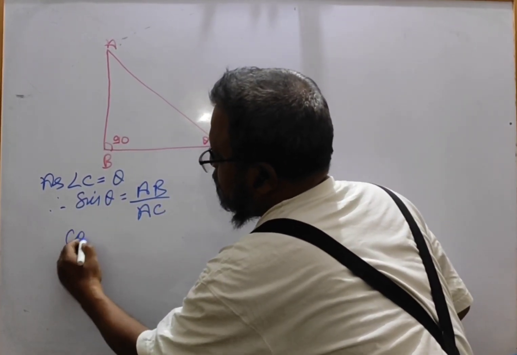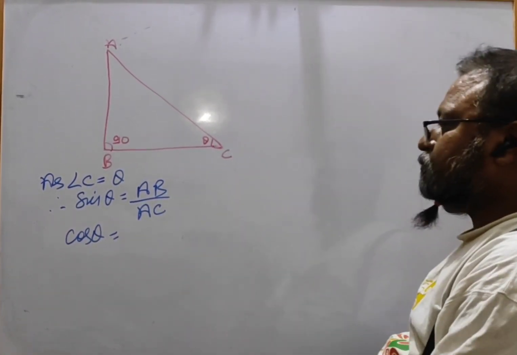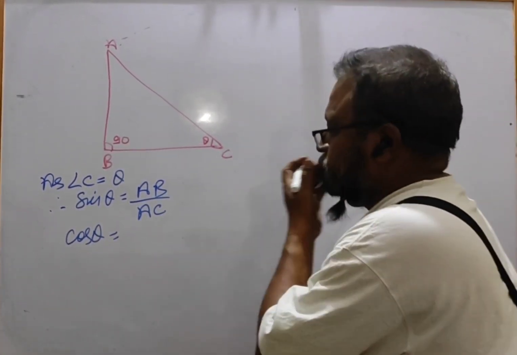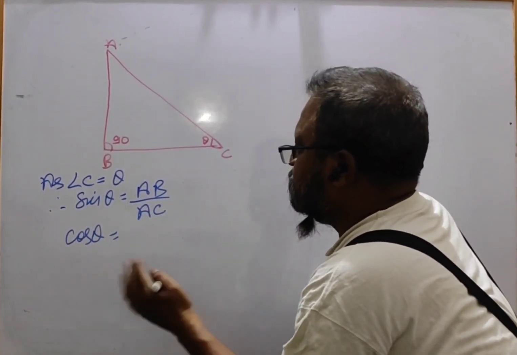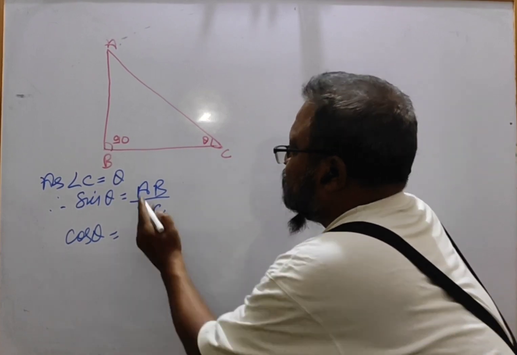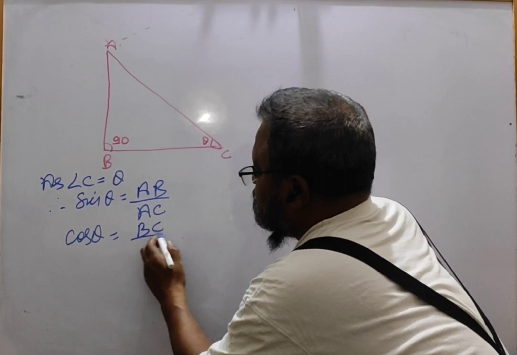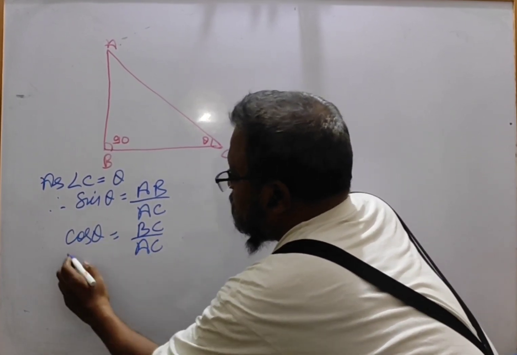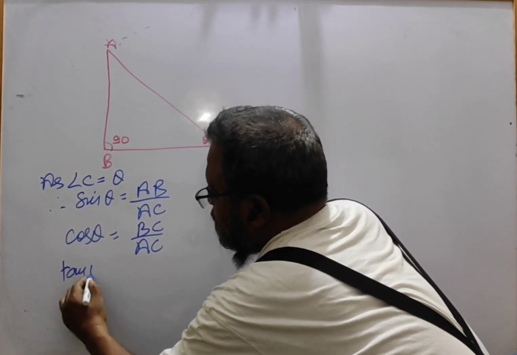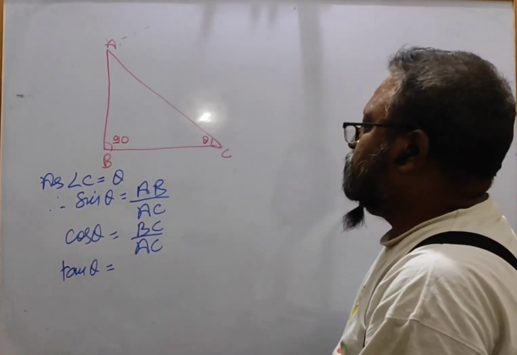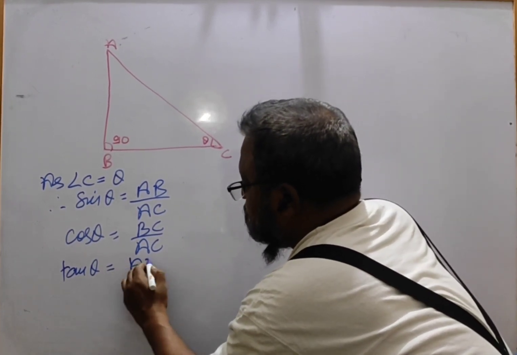Cos theta is equal to BC upon AC, and tan theta is equal to AB upon BC.